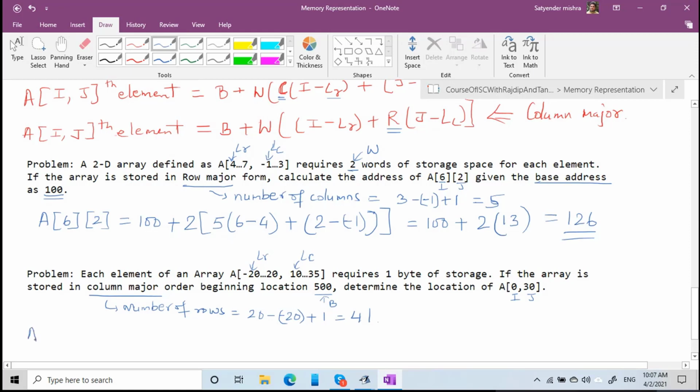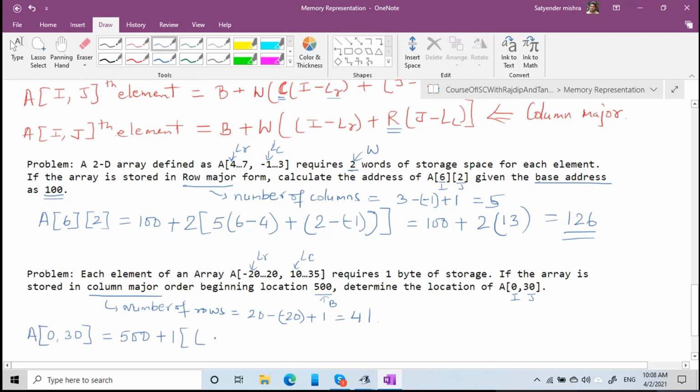So we write here A of 0, 30, and we know the value of B, which is 500. We put here 500 plus the W, which is 1.